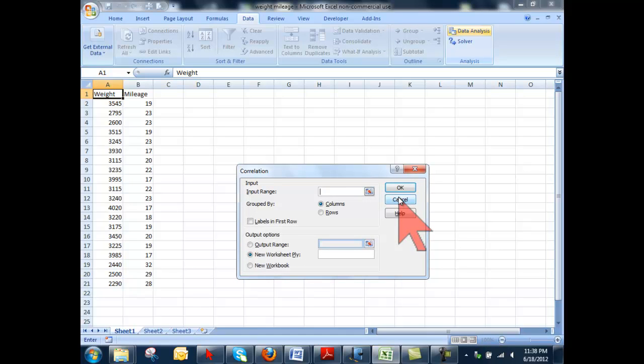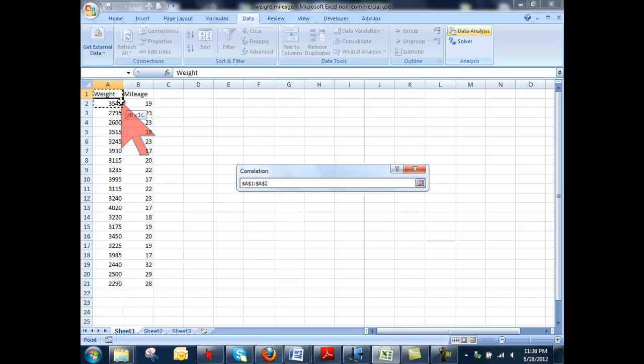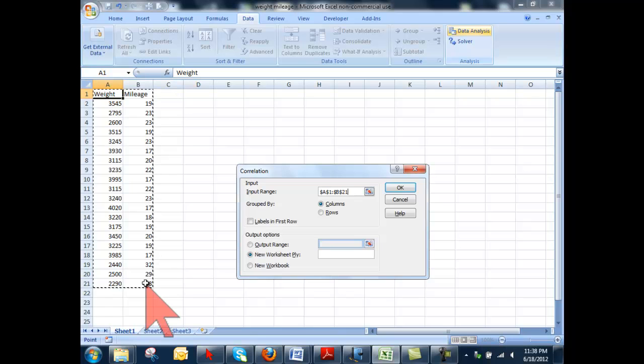So input range, the data values are stored here. So what I'm going to do is click and hold down and then drag until I've covered the entire XY data list and release. Click, hold, drag.